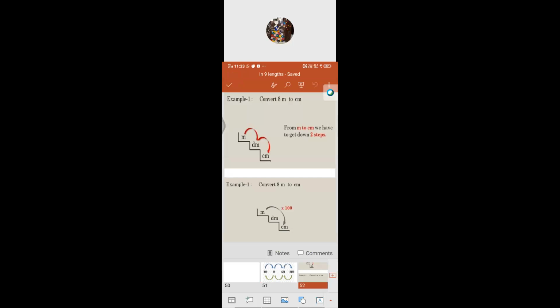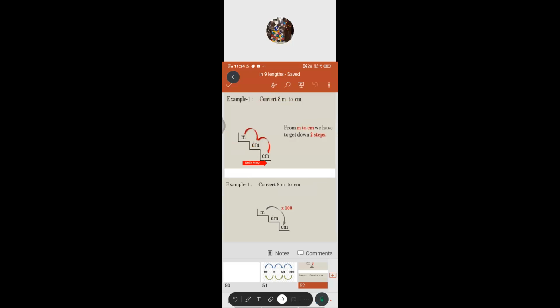For example, we are going to convert 8 meters to centimeters. What should we do now? We are converting a bigger unit to a smaller unit. You know that meter is bigger than centimeter.